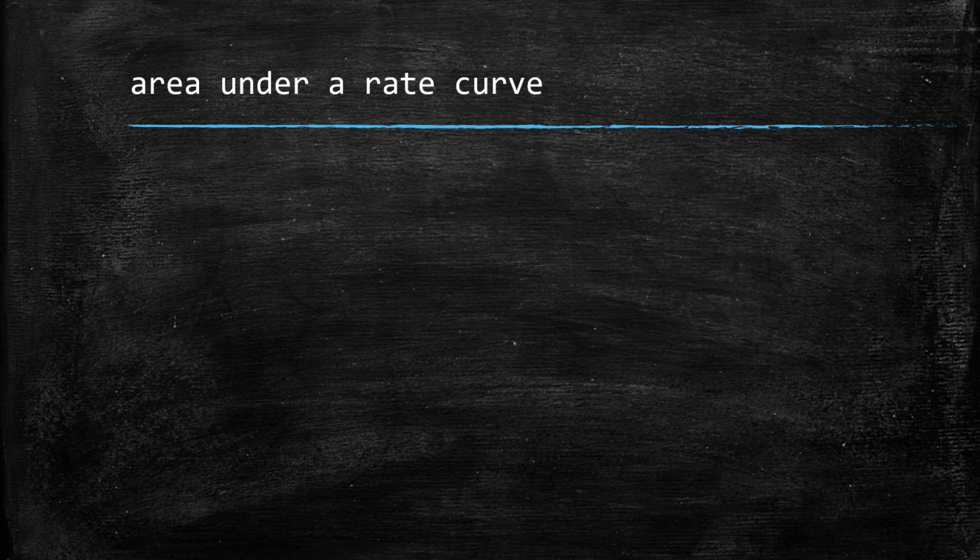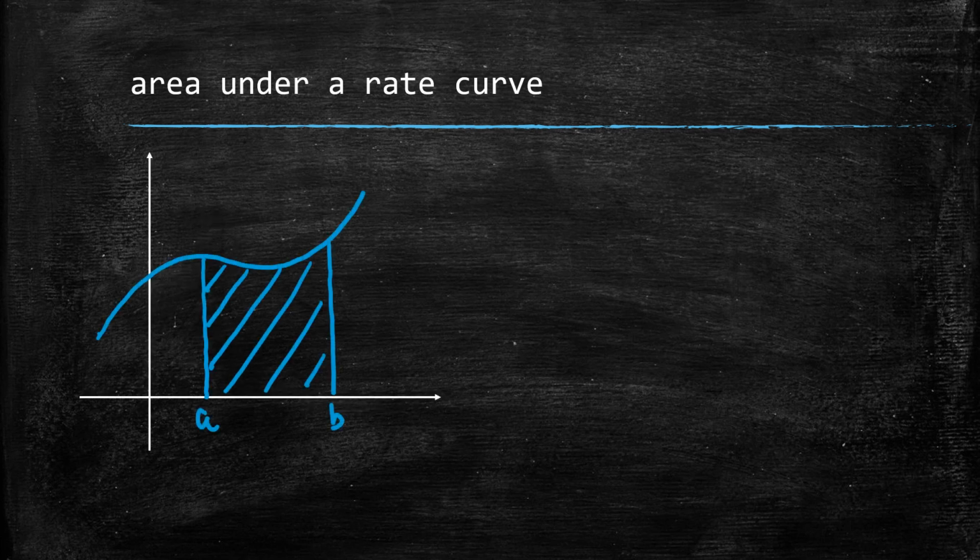So in this last slide, we'll just review the important features of an area under a rate curve. So here's a generic rate curve, and we like the area under this curve from A to B along the x-axis. More often than not, time is along the x-axis, but as in the last example, it could be feet in the horizontal direction.